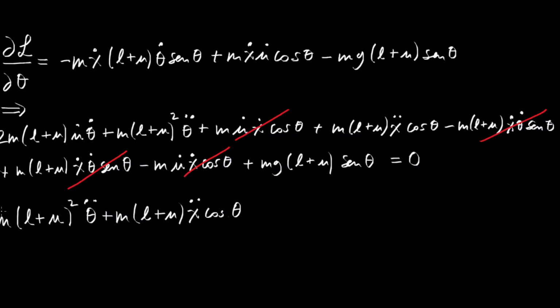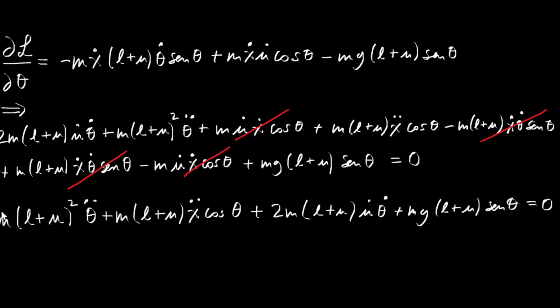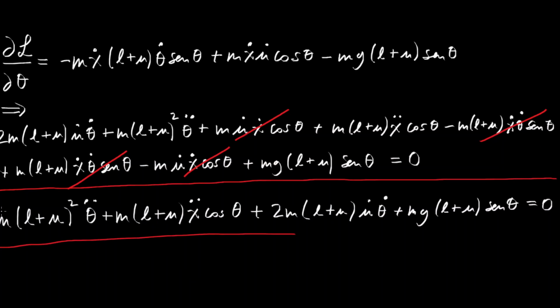These are the two terms with second derivatives, and again, now times 2m L plus u theta dot, and finally plus mg L plus u sine of theta equals 0. That's it. This is the second equation of motion. I will draw here a big red rectangle. Perfect.